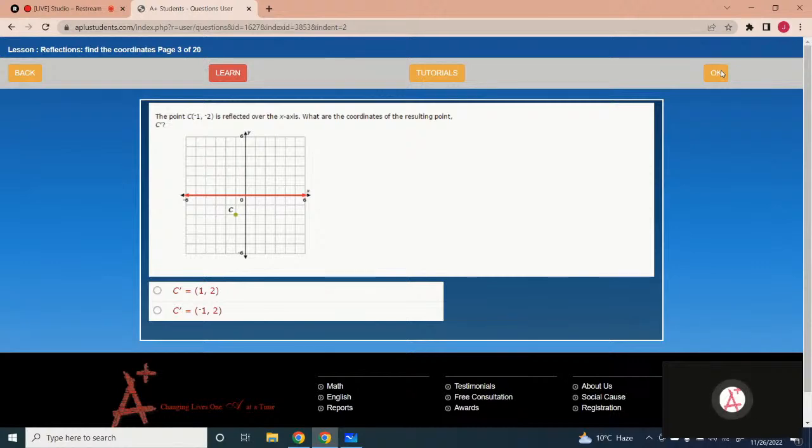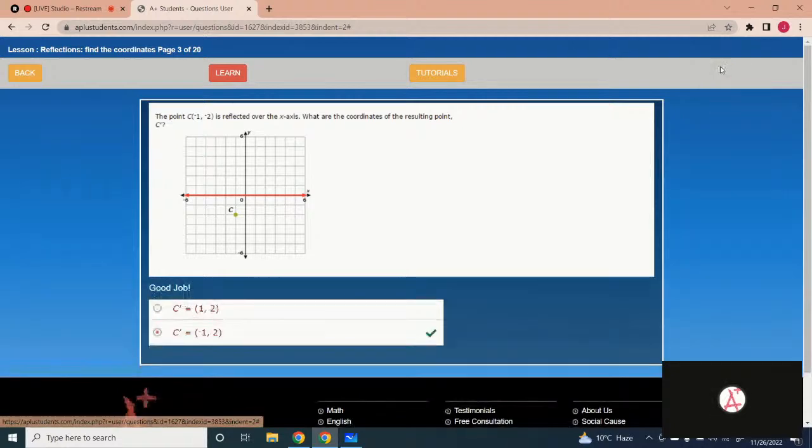So the new components are negative 1 and 2. Got it? So option number 2 is the correct one. Just select the correct option and click on the OK button. Very good.